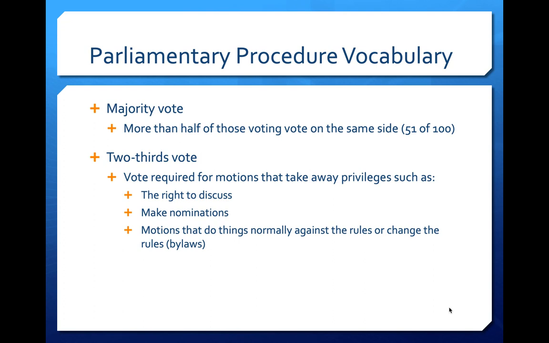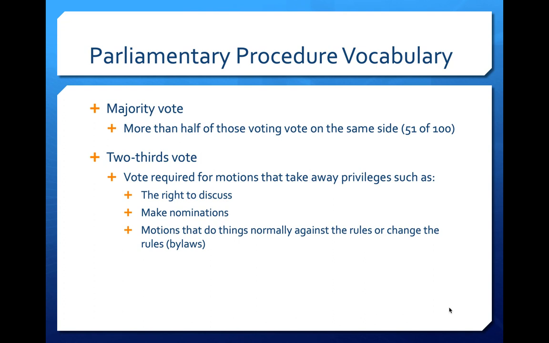So let's say, for instance, we had 24 people in class and we were voting on something. A majority vote would be one more than half, which would be 13 people. And so that one is pretty easy. And usually that's done whenever you're just doing kind of basic business.